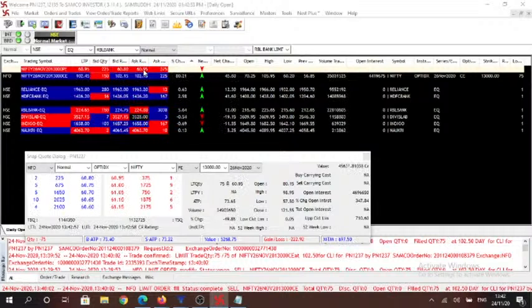The stocks that we have chosen, their trailing stop losses have also not been hit yet.